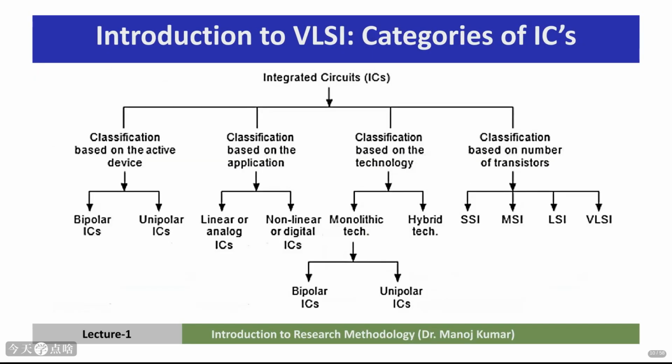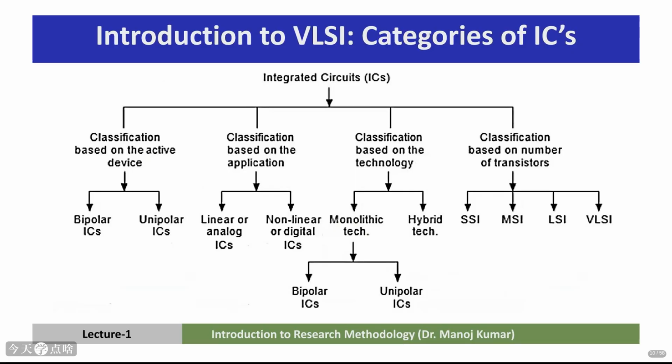With all these different ICs, how do we categorize them? There are several ways. First, based on the active devices used, bipolar junction transistors, BJTs versus field-effect transistors, FETs, which includes MOSFETs. Second, based on application, analog ICs handle continuous signals, like audio amplifiers, while digital ICs deal with discrete logic levels, like microprocessors.